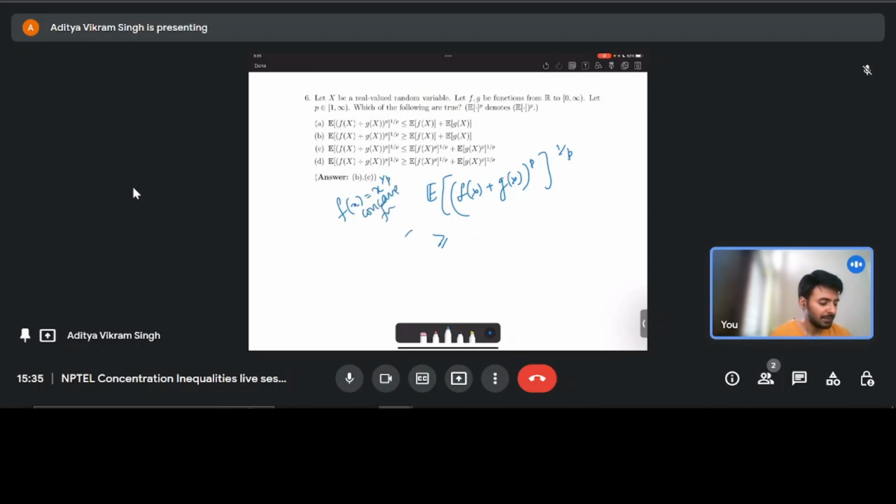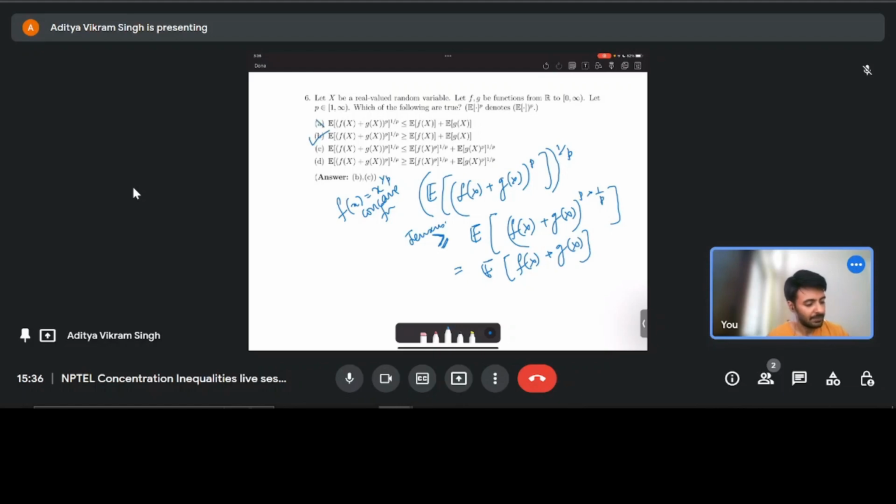So if we apply Jensen's inequality, we can take this 1 by p inside, but the inequality would be in this direction. So it would be the expected value of (f(x) plus g(x)) to the p times 1 by p, which is the expected value of f(x) plus g(x). Right, so B is correct.